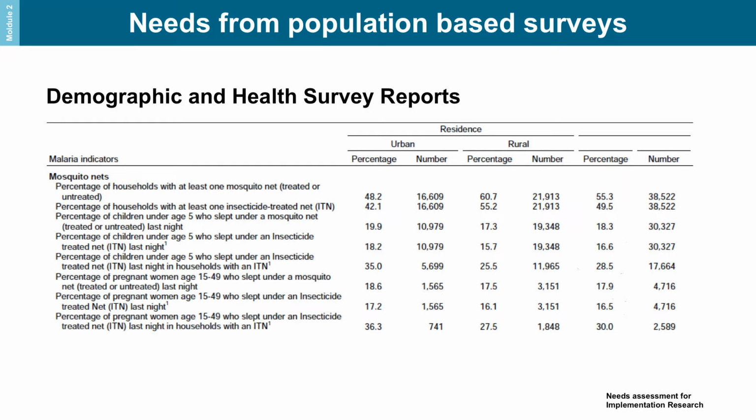And here we can see interventions like sleeping under a bed net, for both children and pregnant women. And so basically we can see that the percentage that was achieved, either sleeping under a treated net or any net, was very low for both the pregnant women and the children.